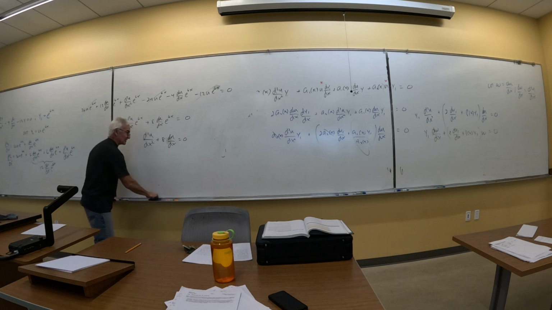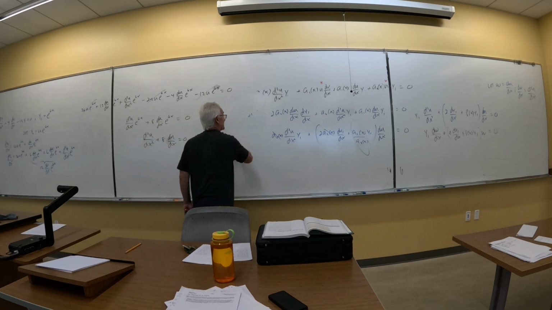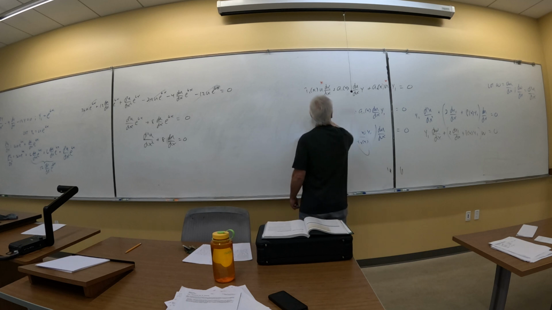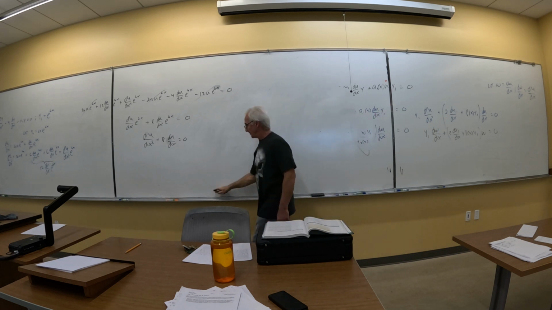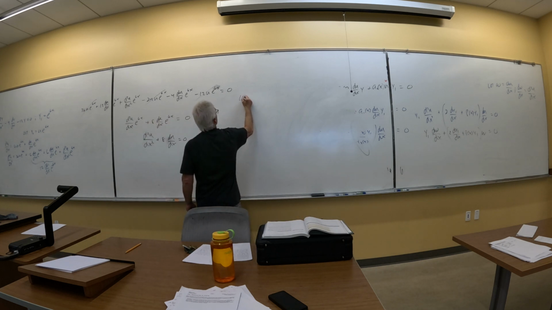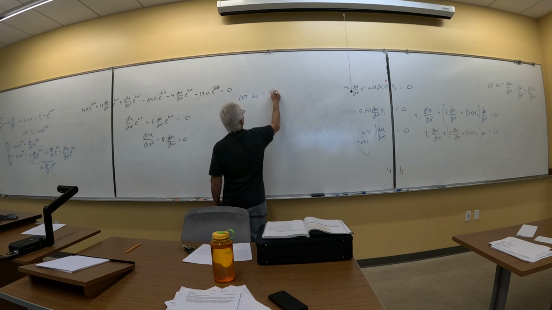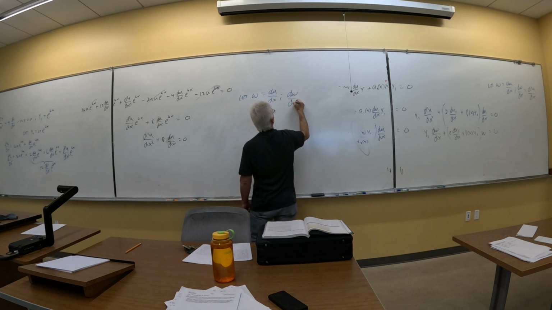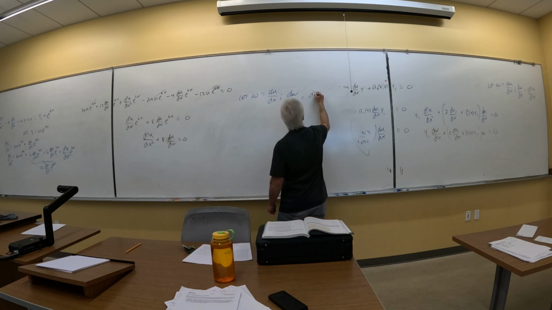This is a second order differential equation, but since I don't have a u term, I can now make this substitution that will reduce it by 1 degree. So we'll say, let w equal du dx, then dw dx equals the second derivative.